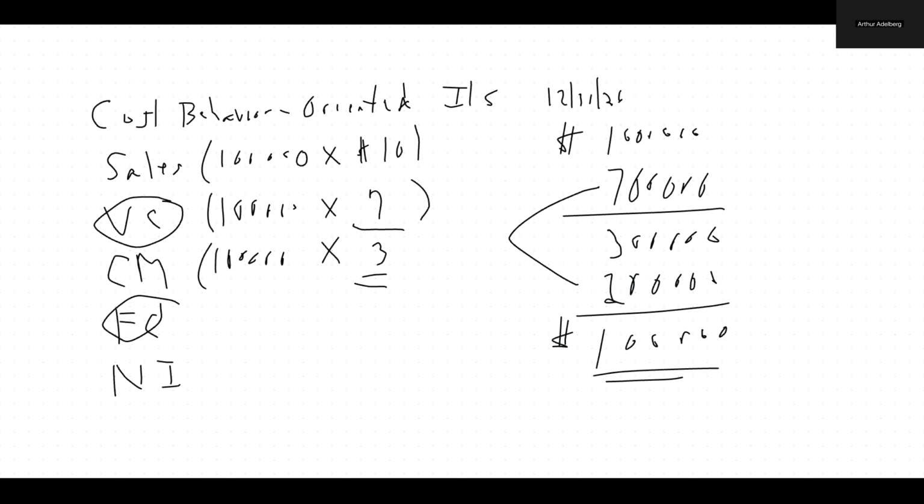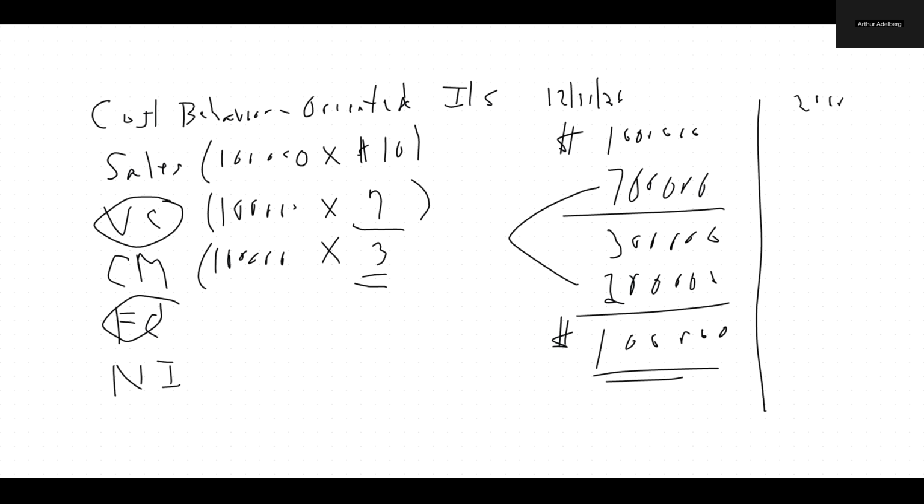Now, the beauty of this income statement. This is an income statement, as you can see, at 100,000 units. I told you that next year, production and sales will double. That it's going to go from 100,000 to 200,000 units.